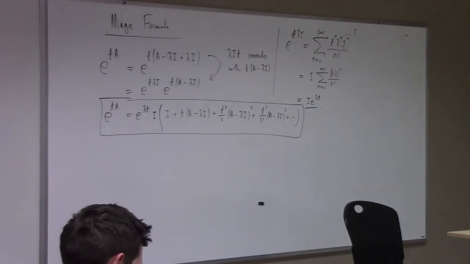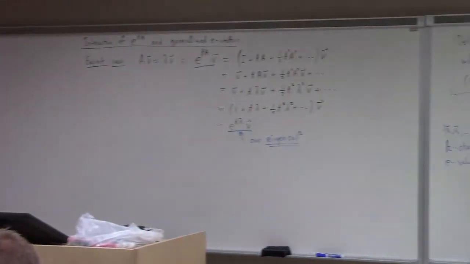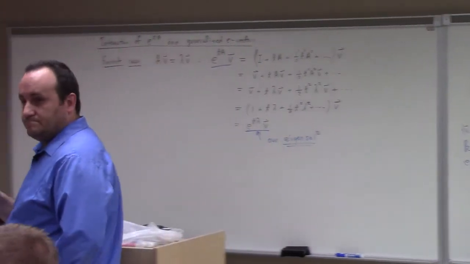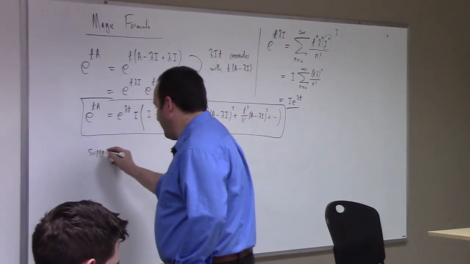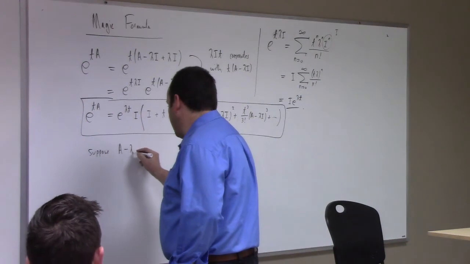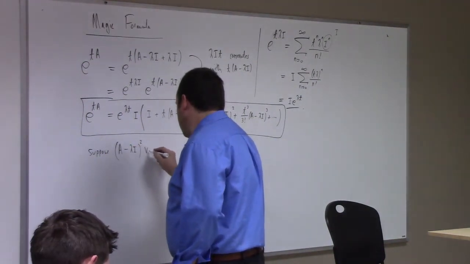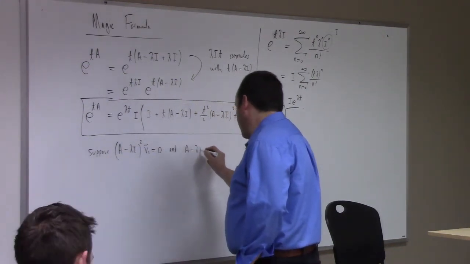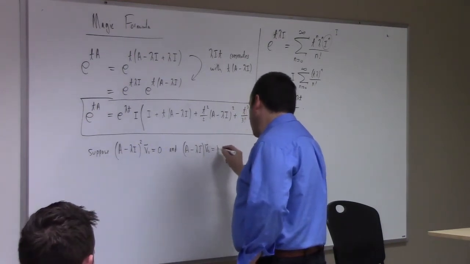So if you look at the magic formula, what happens when you hit it with a generalized eigenvector of order lambda? Suppose that (A minus lambda I) squared v2 equals 0, and (A minus lambda I) v2 is actually equal to v1.